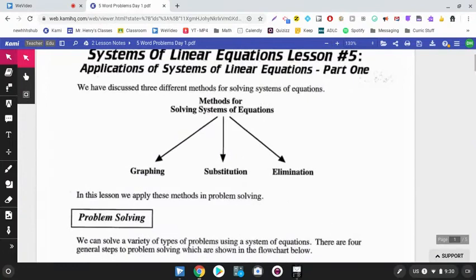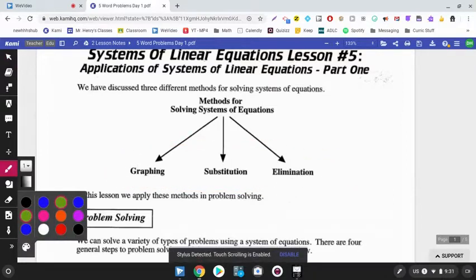So just as a reminder, there are 3 methods for solving a system. Graphically, using substitution, and using elimination, okay? So if I don't tell you, you can use all 3. If I say you have to use graphically, or you have to use substitution, or you have to use elimination, obviously you have to use that one.